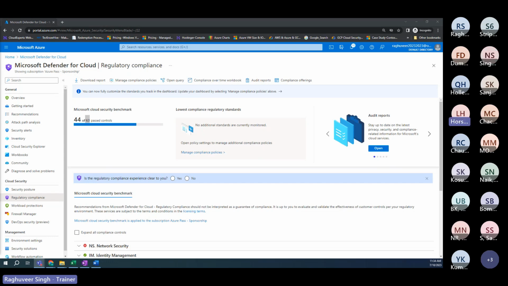Is that working? Not yet. Are others able to see the screen? It won't let me share for some reason. Yeah, I can't share. It just stops working. You can't share.